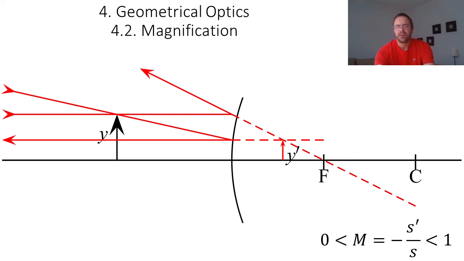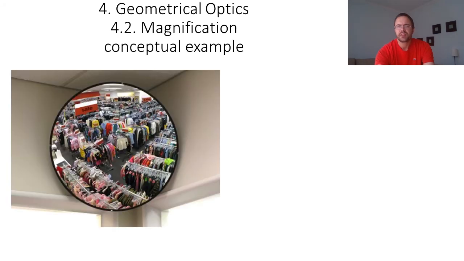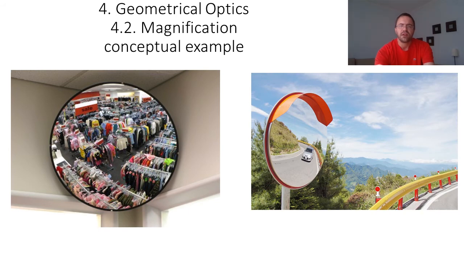Well, often we will want to create smaller images to get a wider view, right? Convex mirrors like that are used in stores, for example, to see a wide view of the aisles of the store in the mirror. Or you can see this at street intersections to be able to see the other cars coming. The image is smaller, but then you have a wider view.